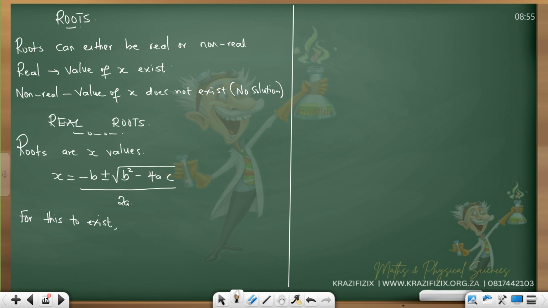For this to exist, b squared minus 4ac must be greater than or equal to 0. Okay, I'll pause a little there. For that to exist, b squared minus 4ac must be greater than or equal to 0.